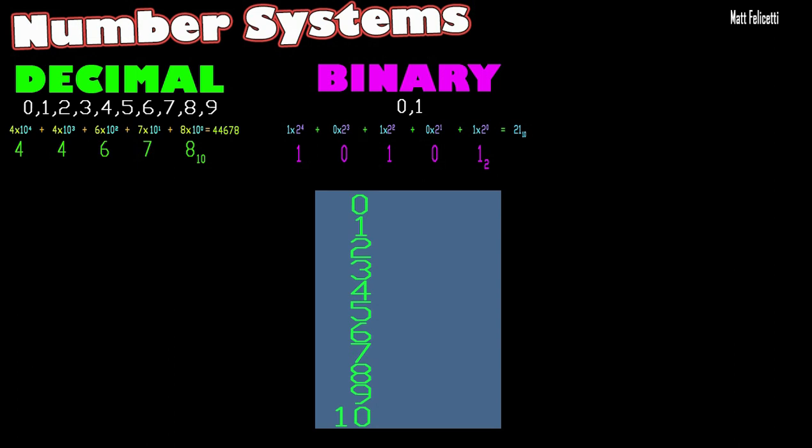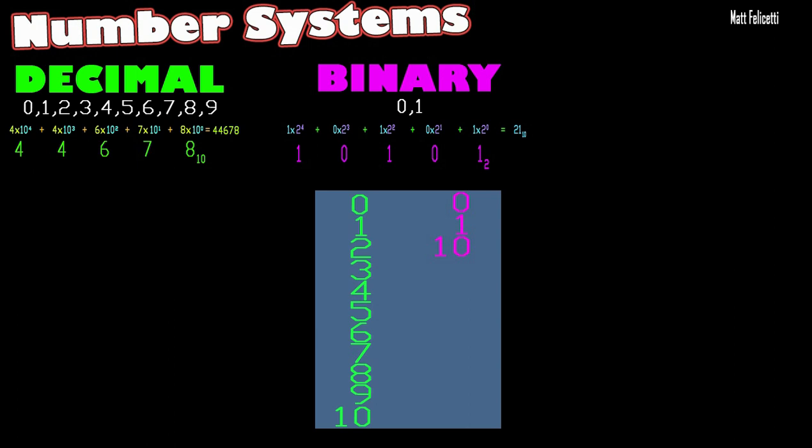Now this is decimal, but what if I need to count up in binary? I start from 0, I then count up, so I get a 1. But if I want to count up further from this, I've run out of symbols. I've only got 2 symbols. So I have to carry, giving me 10.